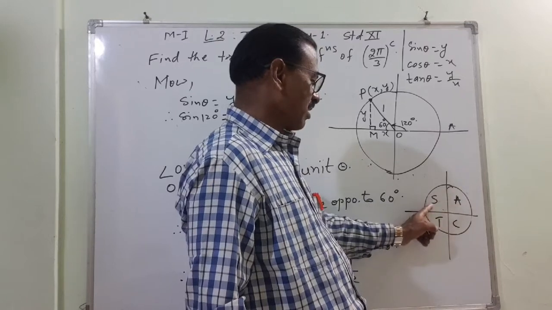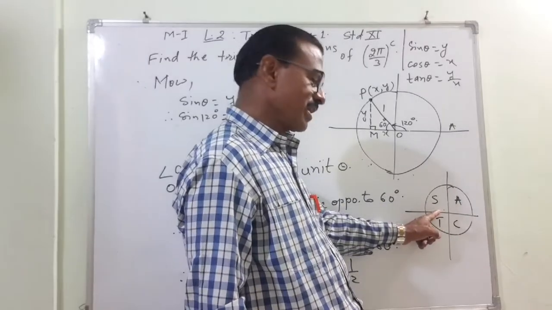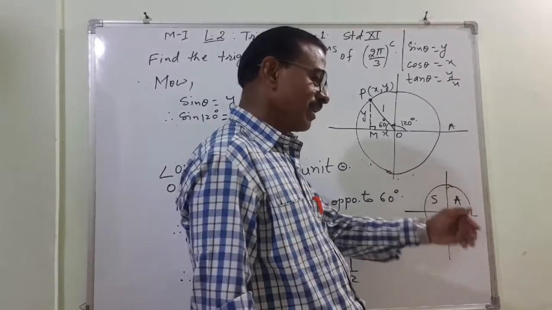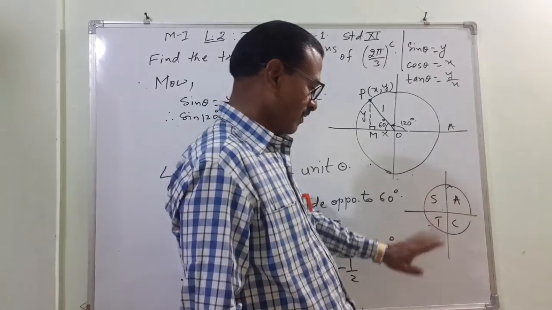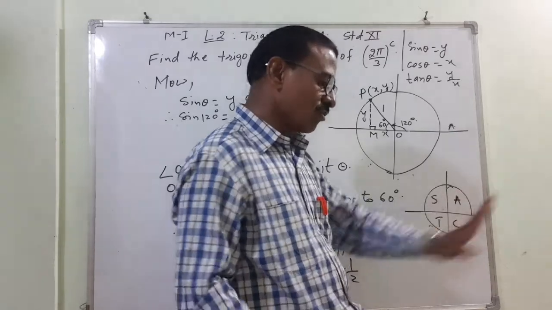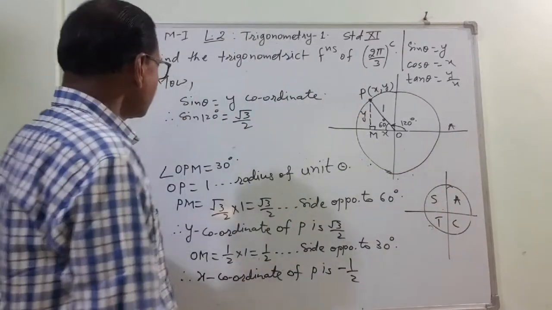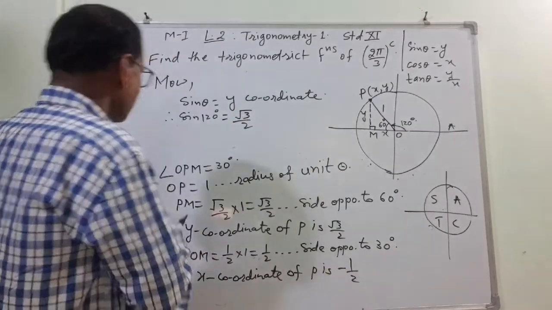In the second quadrant, from 90 to 180 degree, only sin will be positive. Remaining will be negative. Sin and its multiplicative inverse cosec. In the third, only tan is positive. In the fourth, only cos is positive. See that I am finding sine. It has come positive. Okay, very nice.